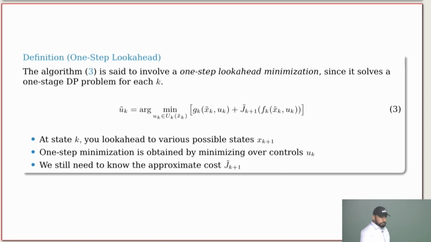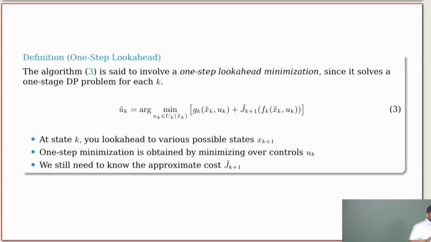As I said, you cannot be very comprehensive with the look ahead, because then it will be very costly. It's the same thing as doing exact DP, so you don't want to do that. So you look at some possible states, and then the one step minimization is obtained by minimizing over the controls u_k, and then you need to know the approximate cost J_k tilde.